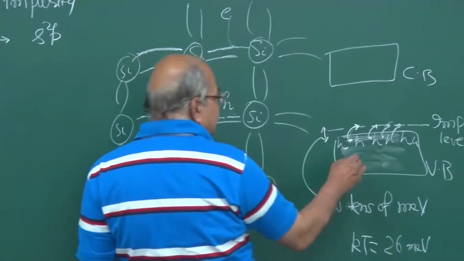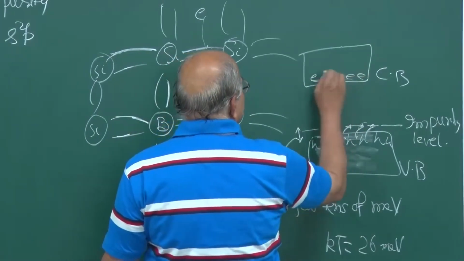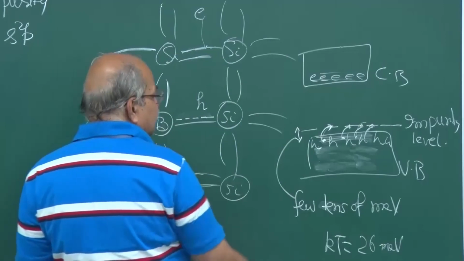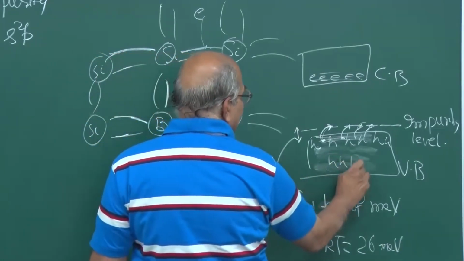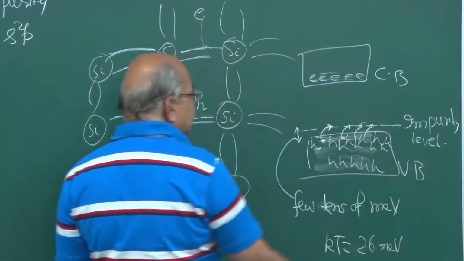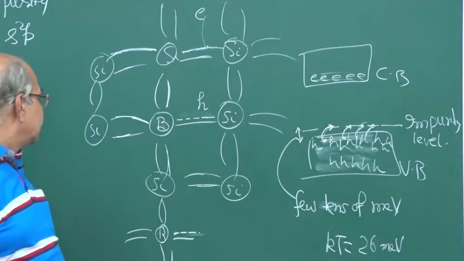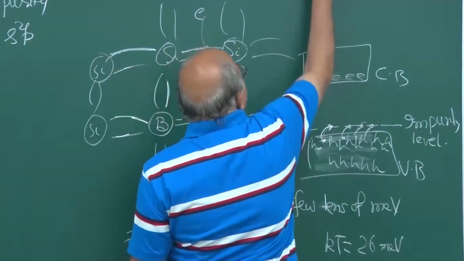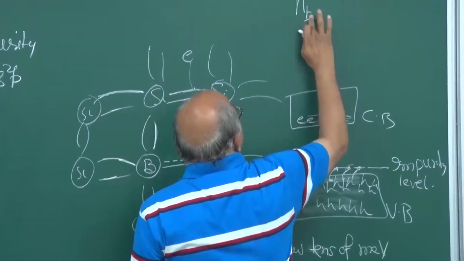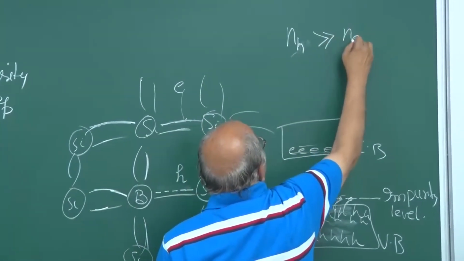To start with, there were some quantum states filled by electrons in the conduction band, and corresponding holes were there, but now you are putting many more holes through this doping. So in this case, what will happen? NH will be much larger than NE.